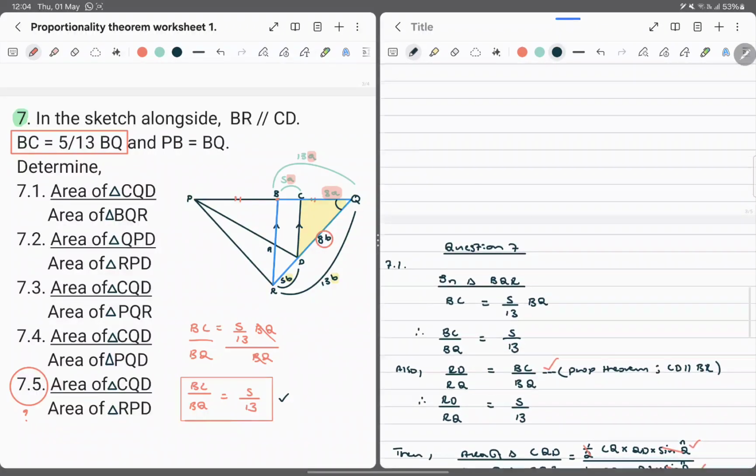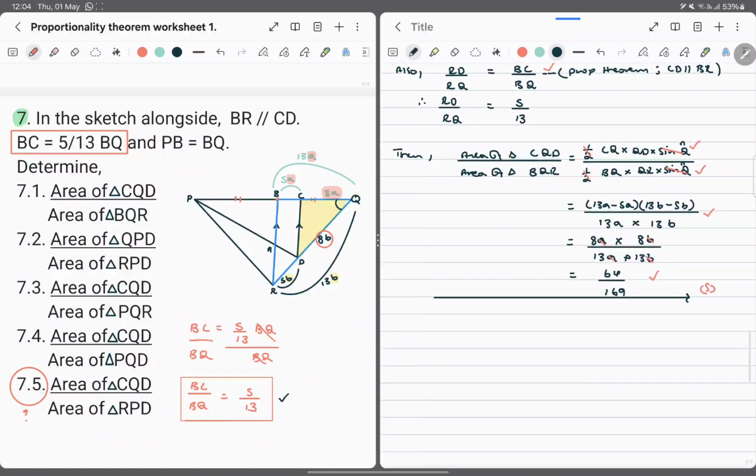See the ratios we have been using above. We need to choose a ratio in which these two triangles share something in common. Because we saw that this triangle, this one right here, had something related to this one there, PQD, whatever. And we also saw that CQD had something in common with PQD.